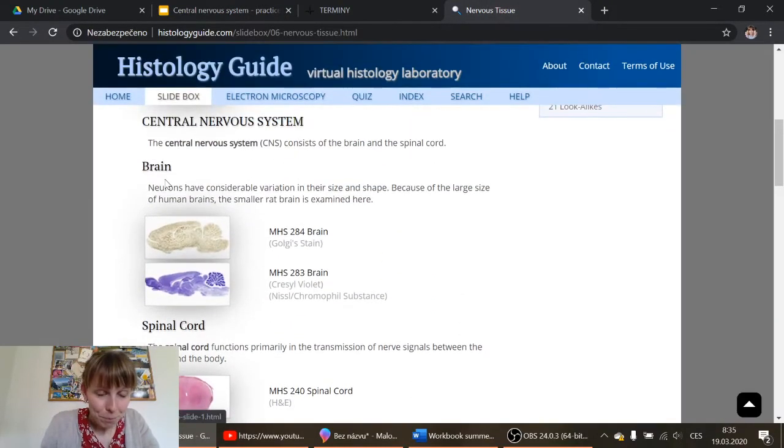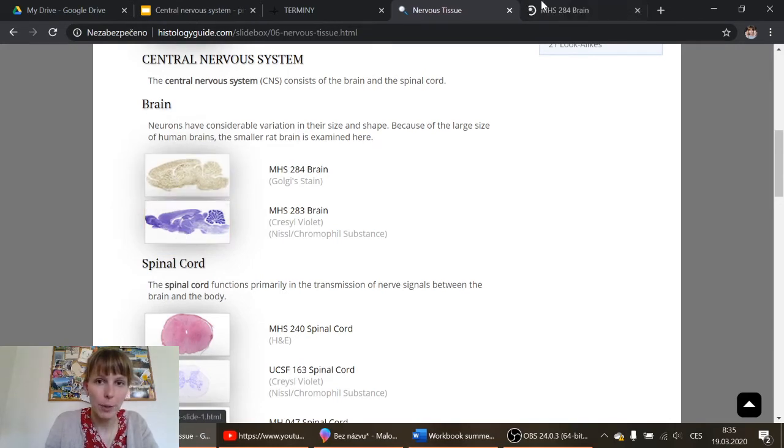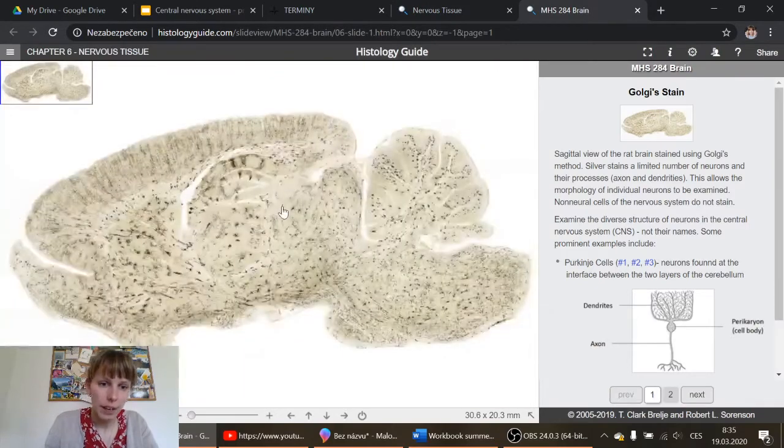And in histology guide you can find two versions for the brain. You can see the brain stained with the Golgi method, which is not really our focus today, but anyway, you can take a look, it's pretty nice.